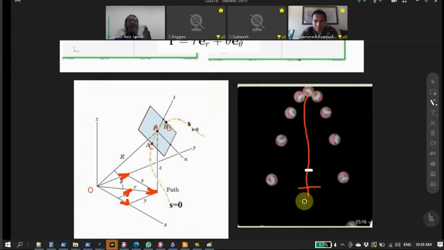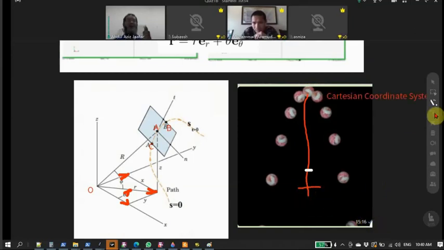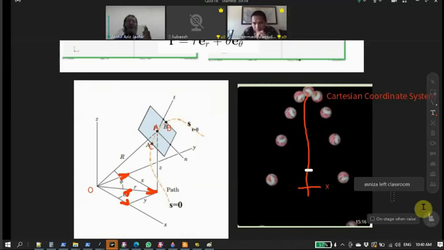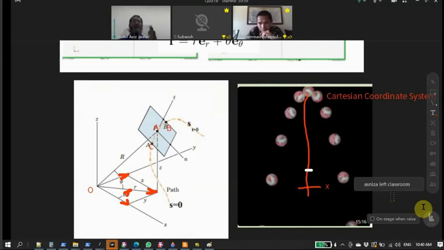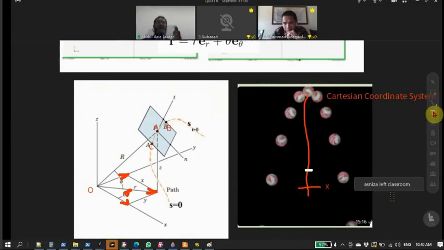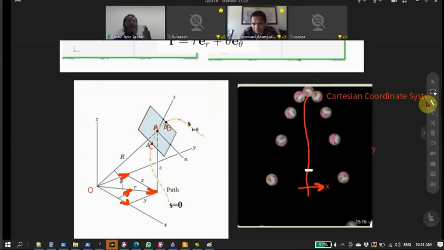This is your origin. You should label with O. And then you have X. So this one will be X. Add Y there. I do Cartesian. Put Y. Put it here.